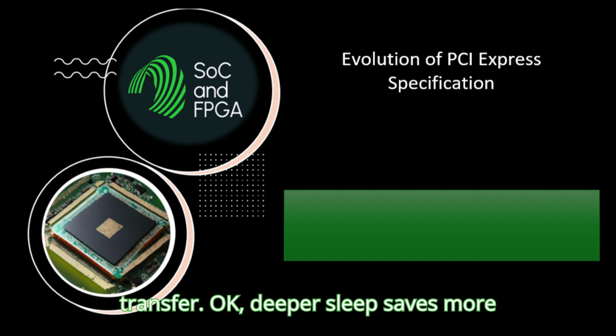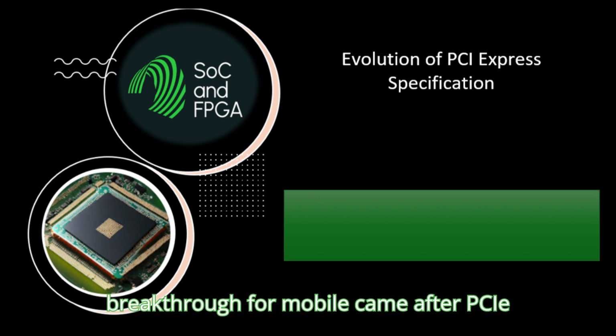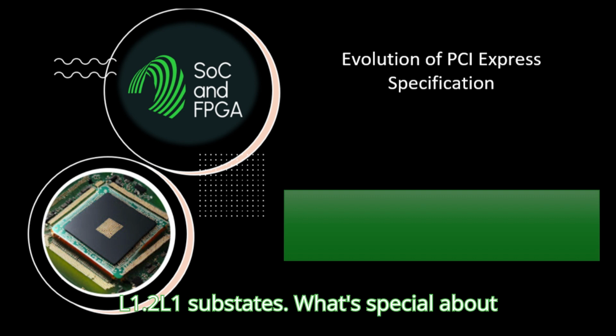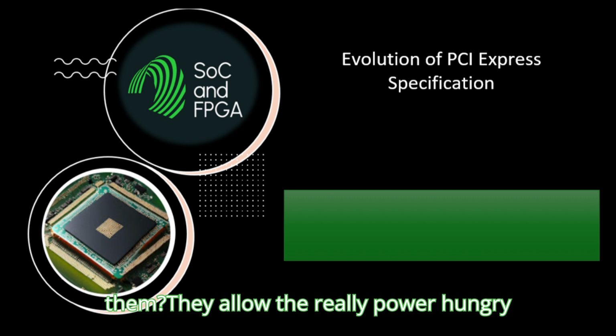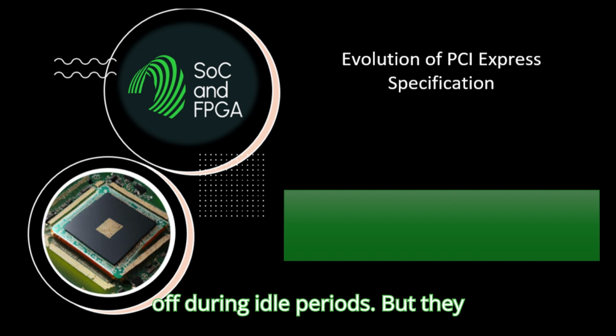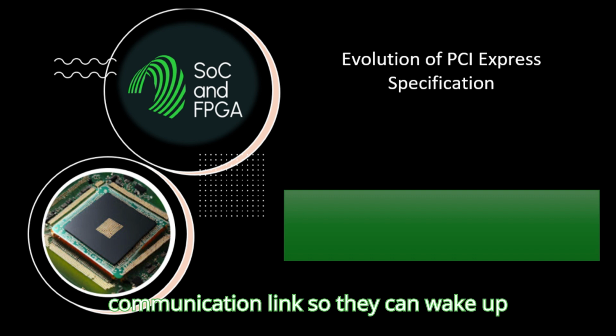Okay, deeper sleep saves more power, but maybe takes longer to wake up. Generally, yes. But the real breakthrough for mobile came after PCIe 3.0 with the introduction of L1 substates, specifically L1.1 and L1.2. L1 substates, what's special about them? They allow the really power-hungry parts, the high-speed transmitters and receivers, to be almost completely shut off during idle periods, but they maintain a very low-power side-channel communication link.